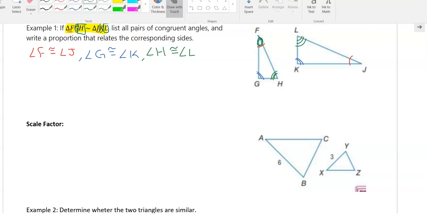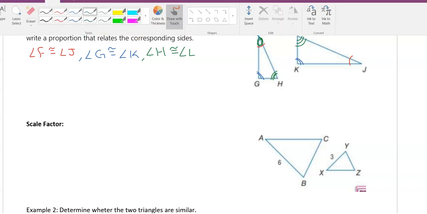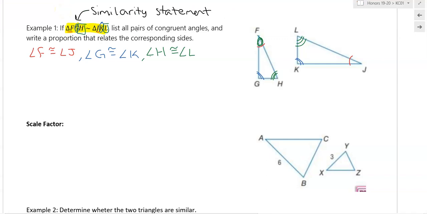So we list all our congruent angles, and now we have to write our proportional sides. And we're going to do the same idea here, where we look at the name. So we said F and J are congruent, and then G and K. So I'm going to go from F to G, and then in the other triangle, I'll go from J to K. So F to G is this line here.